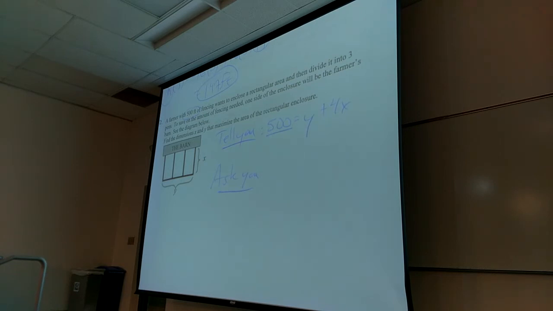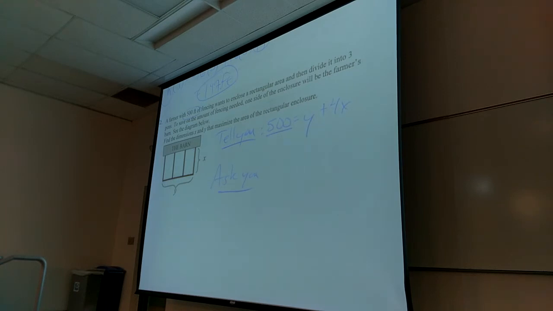What is it that they ask me? What do they want me to maximize? What is it I want to optimize in this problem? Look at the question. Find the dimensions that maximize the area. That's what I want to optimize.